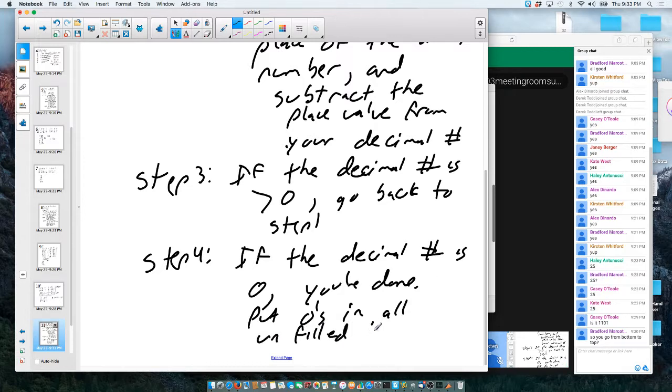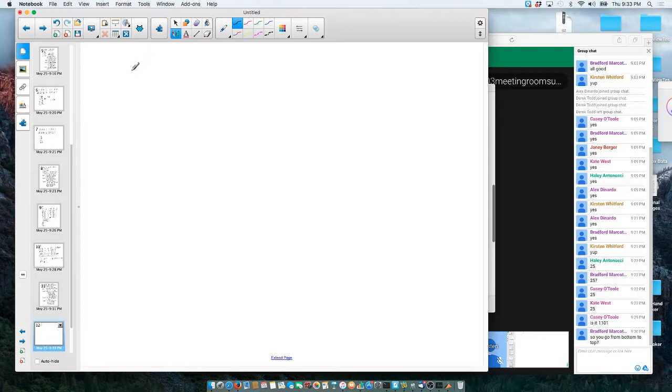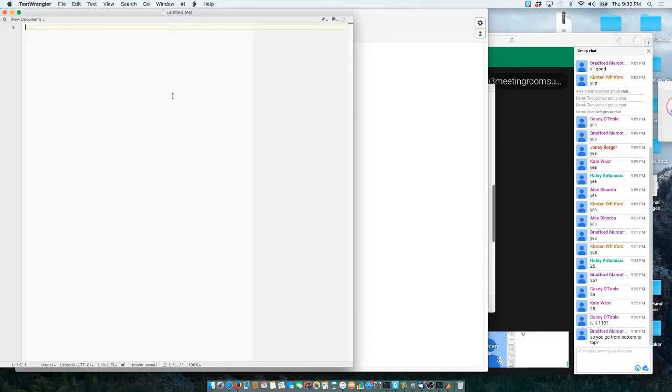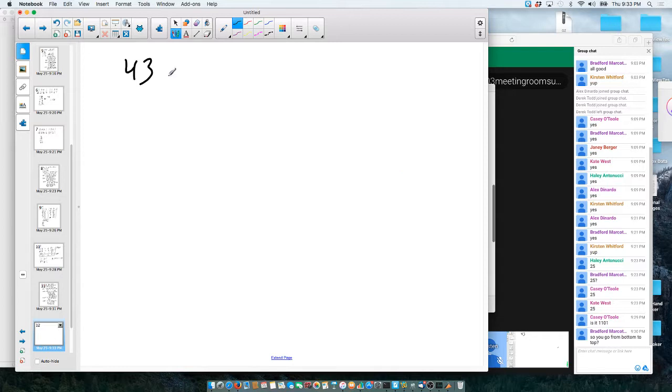Put zeros in all unfilled bits. So what this is doing is if you get a number like, well, no, I won't do 97 again. I'll do 43. Okay, it's not great with 43, but we'll see what happens. The largest power of 2 less than or equal to 43: 1, 2, 4, 8, 16, 32. 64 is too big, so 32 is the biggest one less than it.